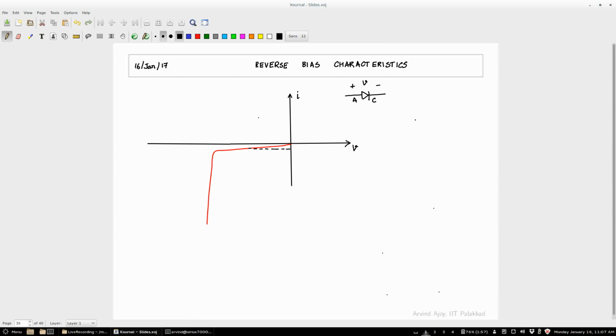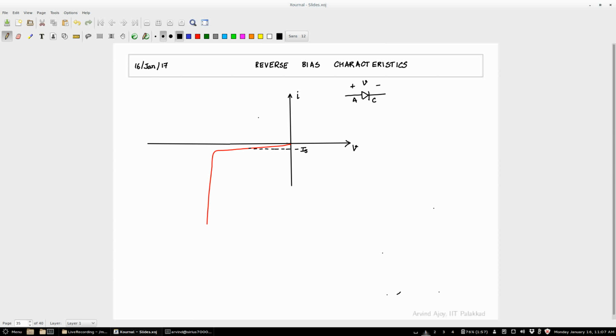This is the anode, this is the cathode, and that's the current. Okay. So what do you think is this value roughly? Right? According to the exponential model that we had, what is this value? Minus Is.